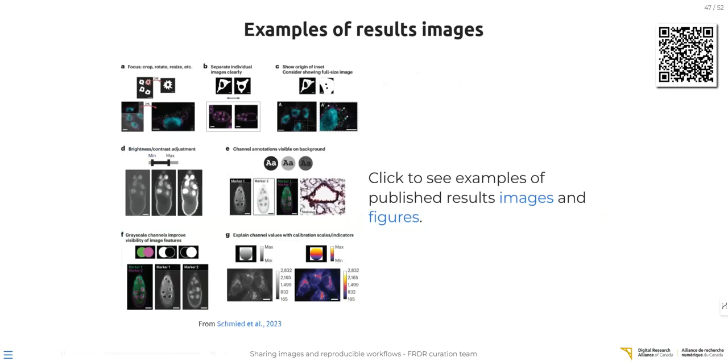Good practices also apply to illustrative images, adding value and enhancing their potential for reuse in different contexts. To gain insight into how to communicate image-based results clearly and effectively, explore real examples of published result images and figures on the OSF via the provided links.